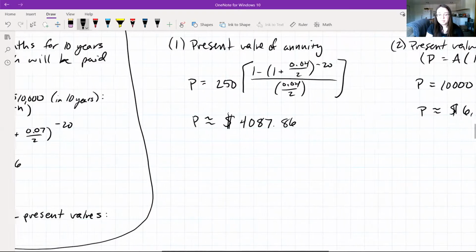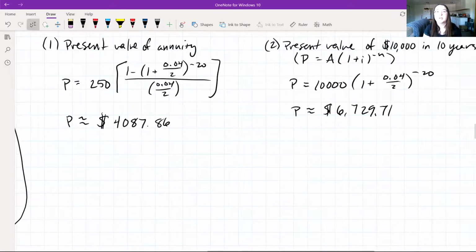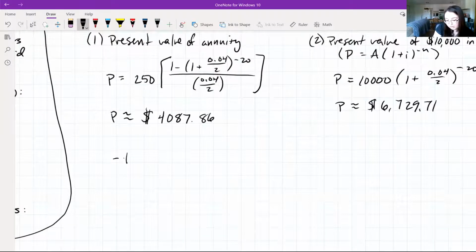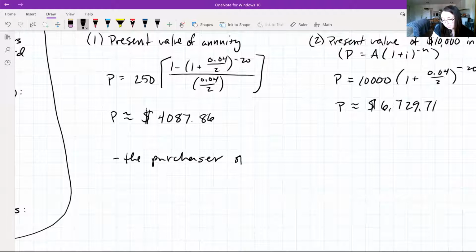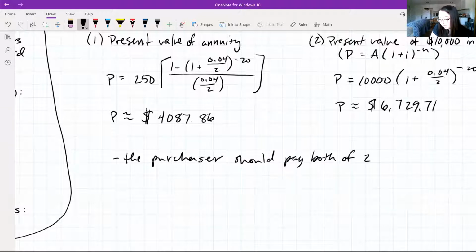$6,729.71. Now we know that our purchaser is going to have to pay both of these sums, so let's add them up. So the purchaser should pay both of the two present values.